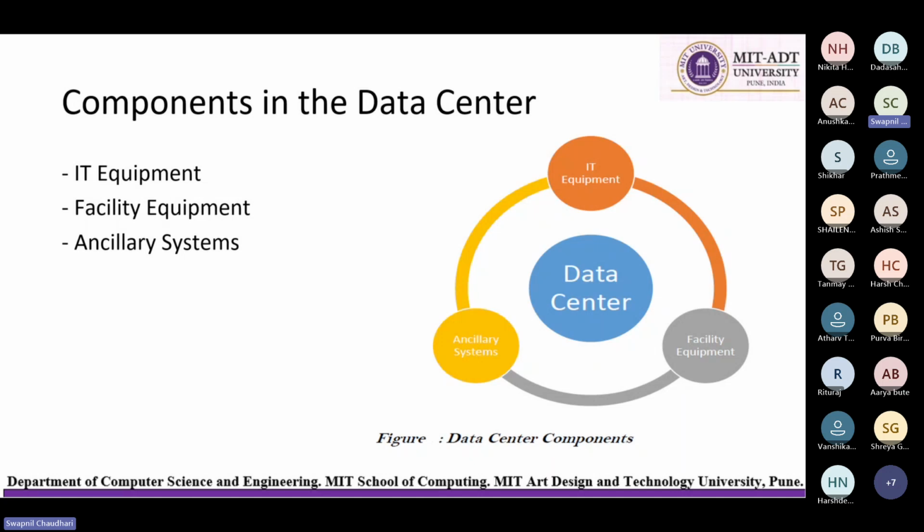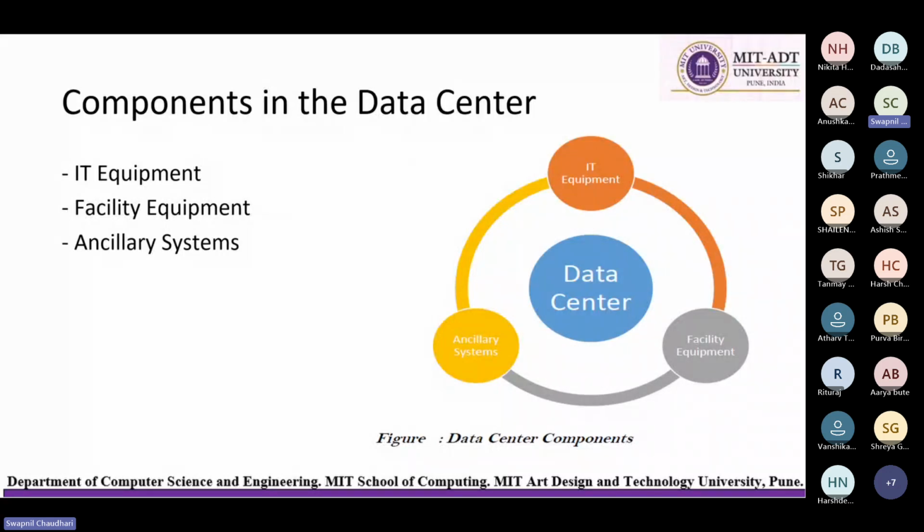Just think about platforms like Netflix and Amazon. When you watch a movie or place an order on Amazon or Netflix, all the processing happens on servers inside a data center.